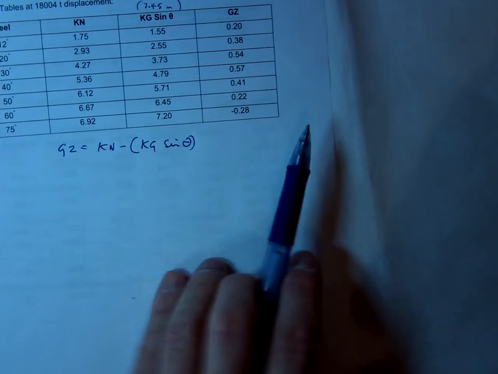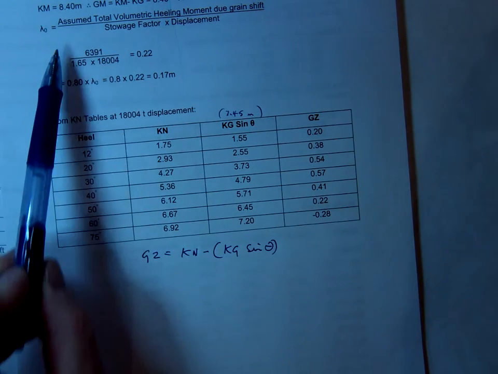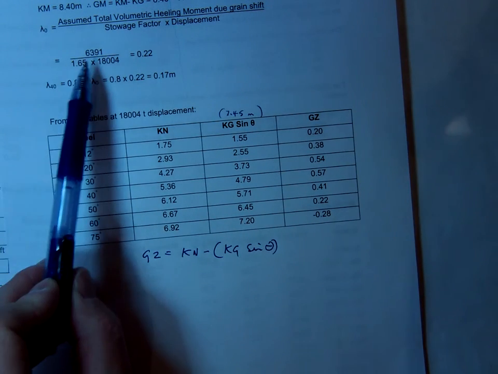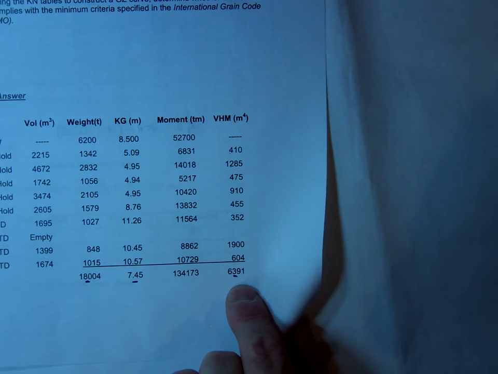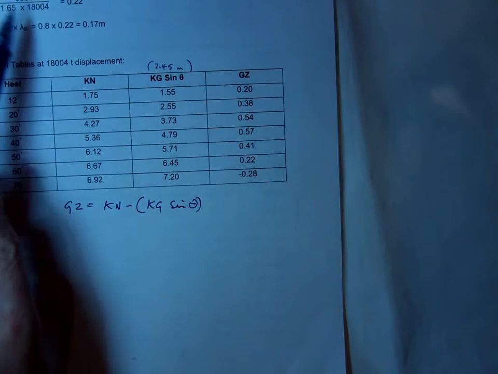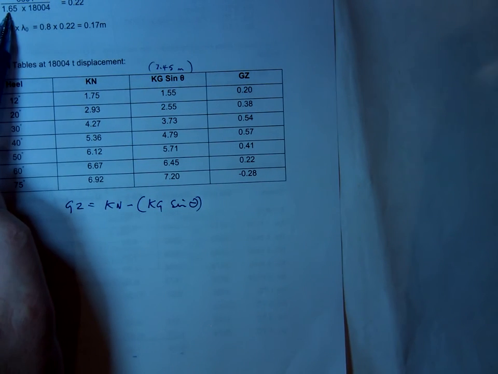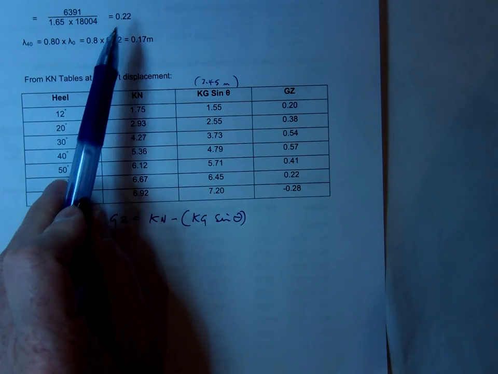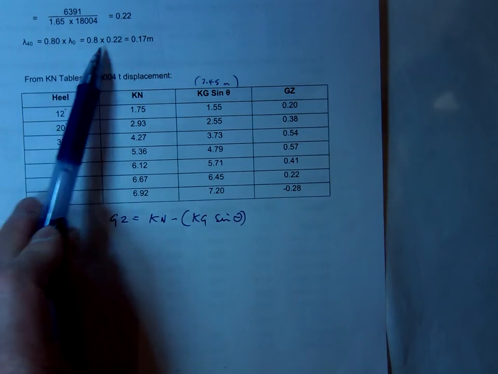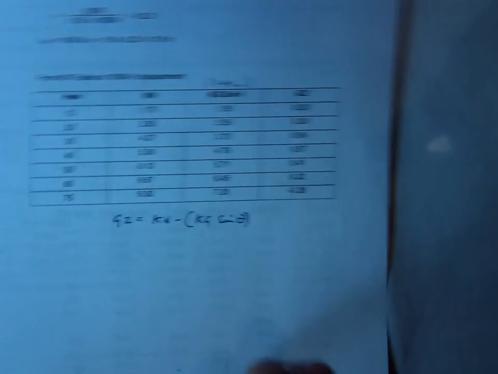As we can see here, we've written down that lambda is our healing moment, 6391. So we've got 6391 divided by the stowage factor 1.65 times our displacement, which gives 0.22 at 0 degrees, and at 40 degrees, 0.8 times 0.22, 0.17.